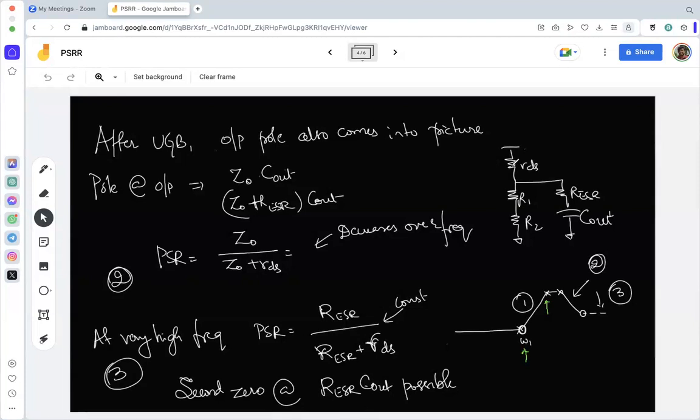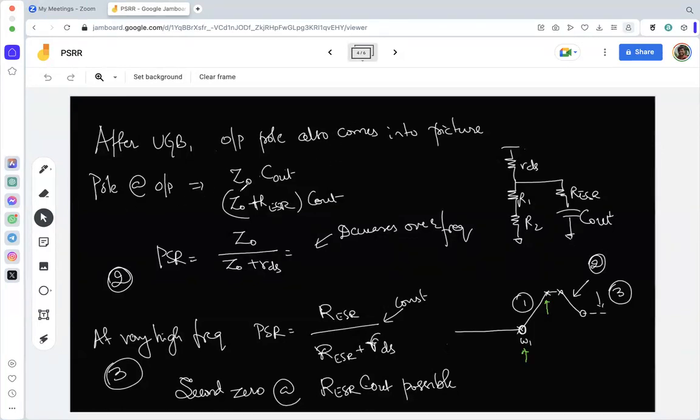And we have the network of the resistances R1, R2, RESR, and Cout in place. We are not going to consider ZO reg now, just because after UGB it doesn't really make sense to take it into account. The loop is not working, right?